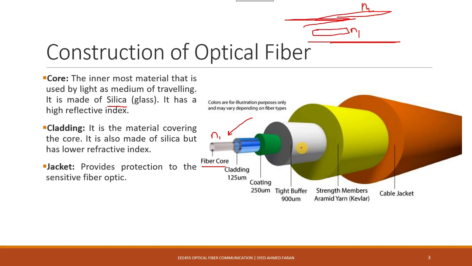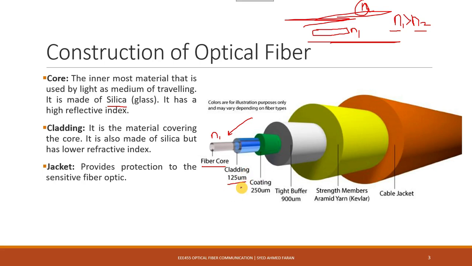Interestingly, this cladding is also made up of silica, but the difference is that it has a lower refractive index. So n1 is greater than n2. The core has a higher refractive index as compared to the cladding surrounding it.